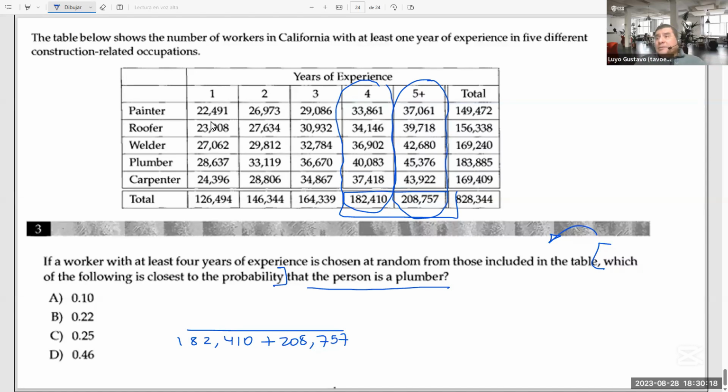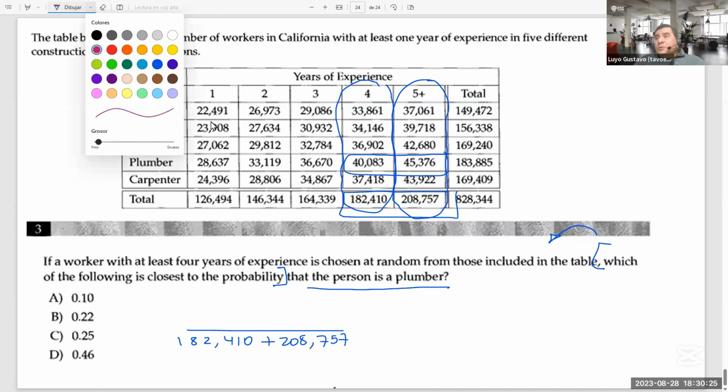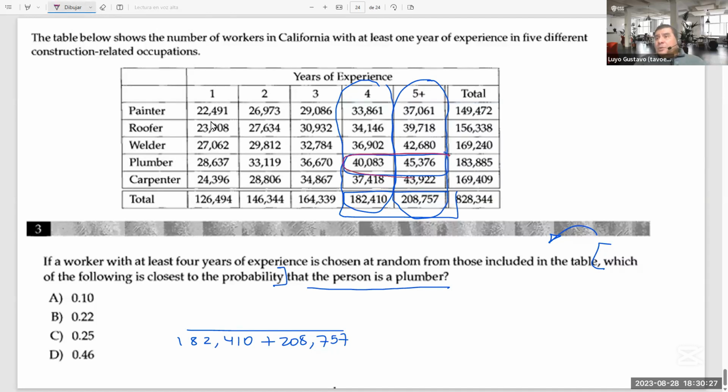Well, here, right? This group corresponds to the plumbers with 4 or more years of experience. That is to say, at least 4 years. Okay? So the numerator should be this sum.